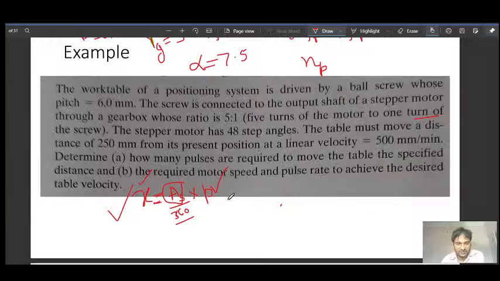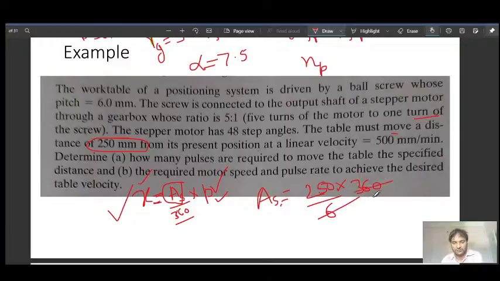Again, write it and quickly find out. X value is given as 250 mm, and pitch value is 6. Find out the AS value. AS value is 250 into 360 by 6. So it turns out 15,000 degrees AS value.